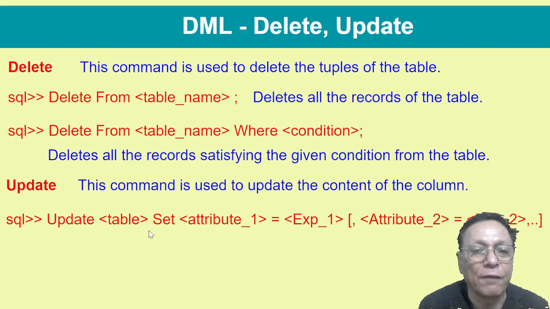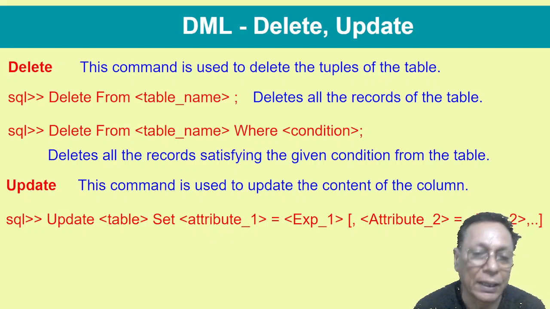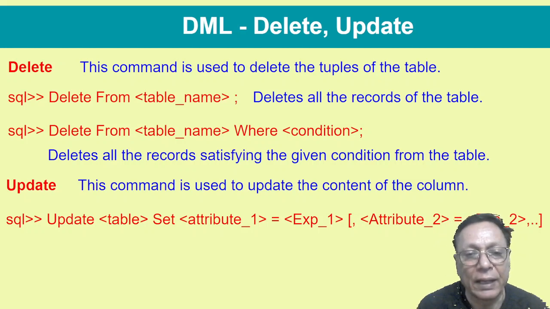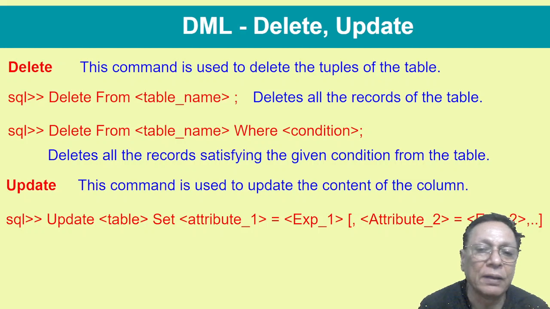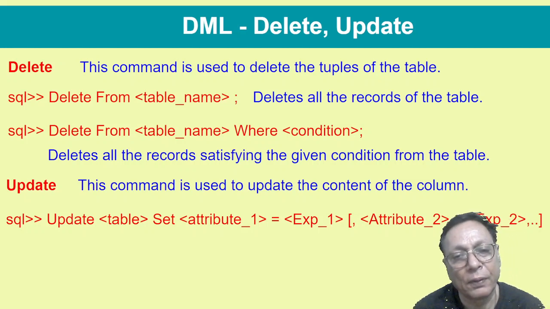If attribute 1, attribute 2 and the expressions are given and you apply this command update table and set attributes with the values, the entire table will be affected, and whichever column is given, its values will be changed or modified.